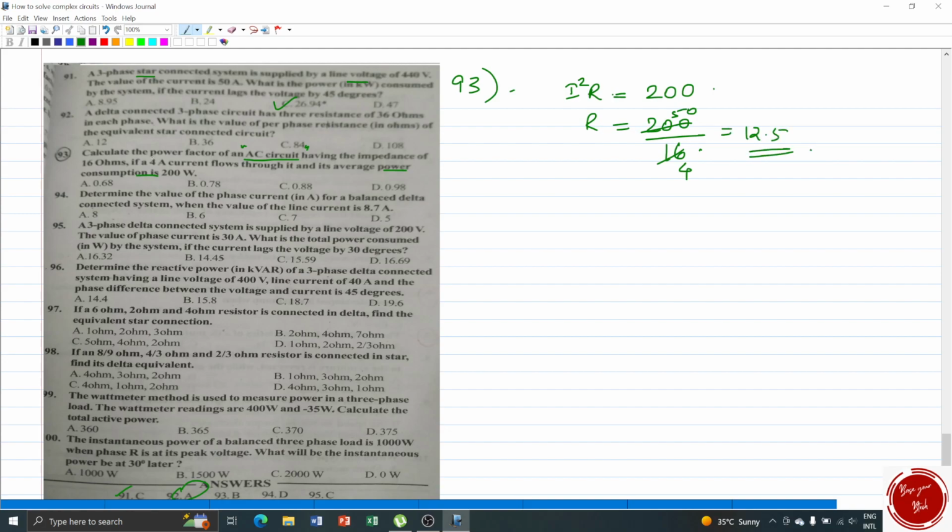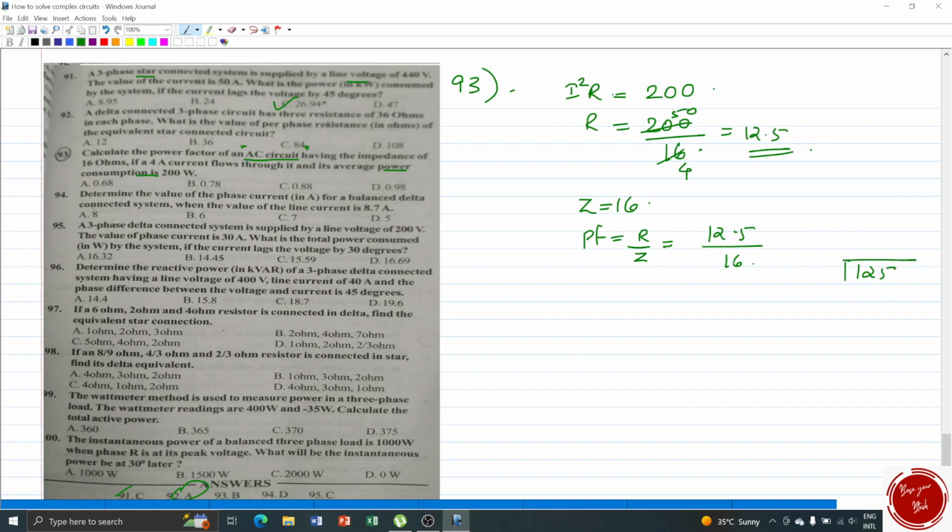Now the impedance is also given. Impedance means Z value is 16. We have to find the power factor. Power factor, we know, is R by Z. So that is 12.5 divided by 16. Let's do 125 by 16.